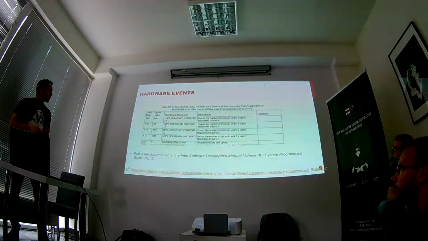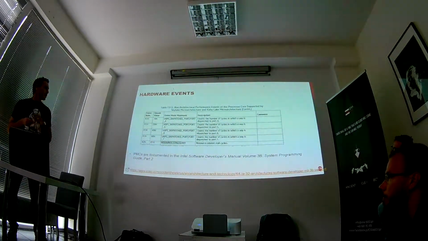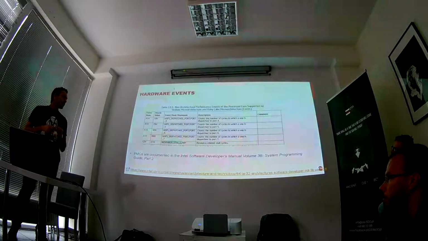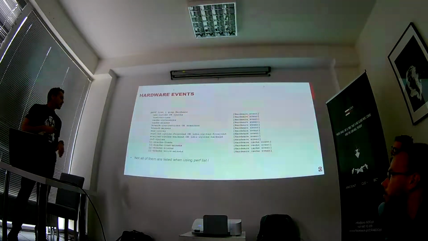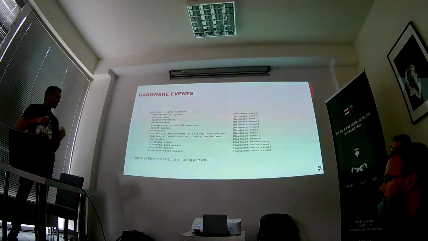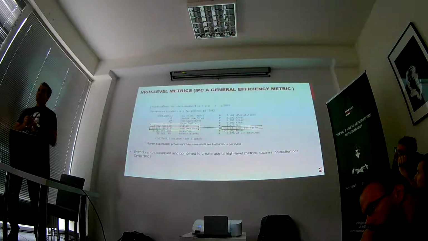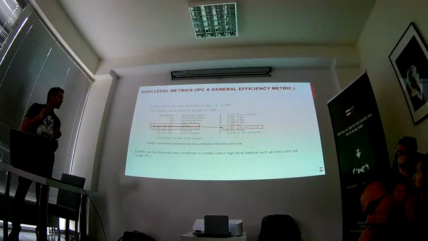There are hundreds of hardware events available in modern microprocessors. They are very well documented in the Intel reference guide. We can also use the perf list command to list the different hardware events available on our platform.